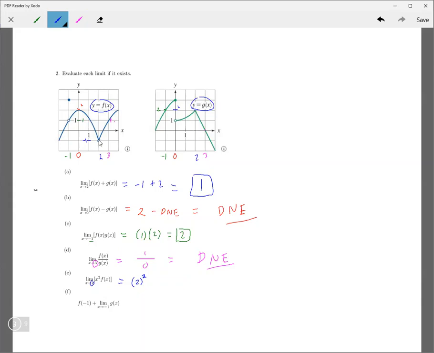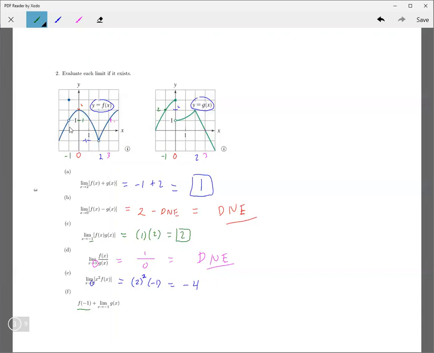Okay, and then f of x is going to -1. So that's -1. So that's going to give you -4. And then this one is f of -1. Okay, so this is f of -1, and here's f.